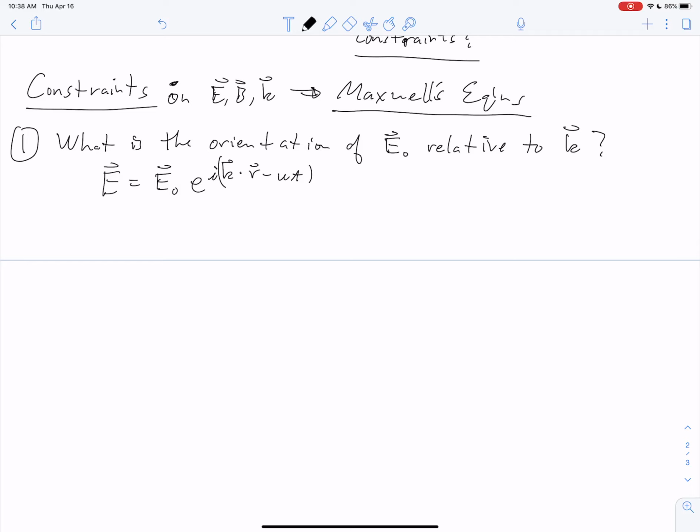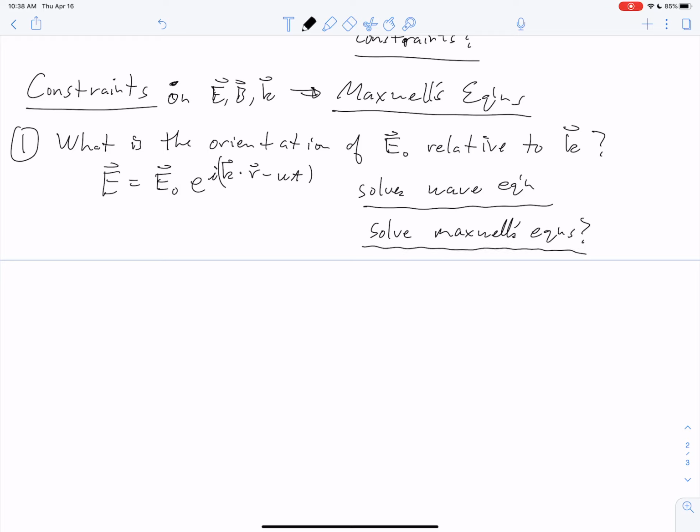That is a solution to the wave equation. So this is good. It solves the wave equation, so it's a good wave, but does it solve Maxwell's equations? It might not. Now, that can be confusing to you because we use Maxwell's equations to get the wave equation.